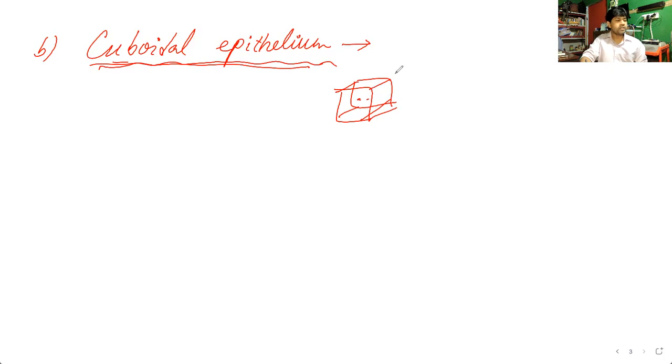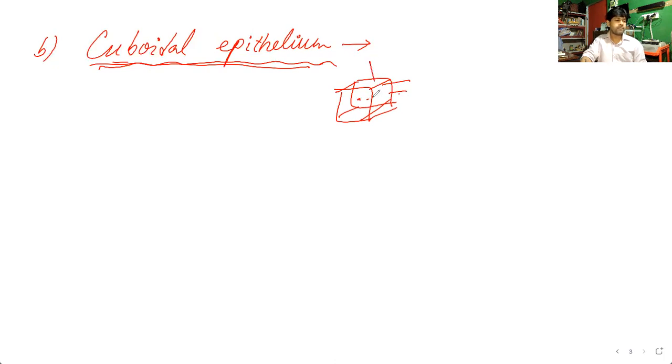Okay, so where it is present, if you want to know, then it is mentioned here that it forms the lining of the kidney tubules. Okay, then it is also present in the salivary glands, which give mechanical support to the organ.